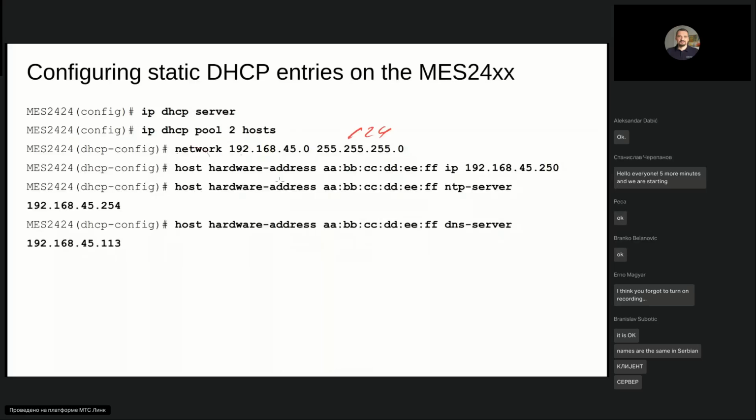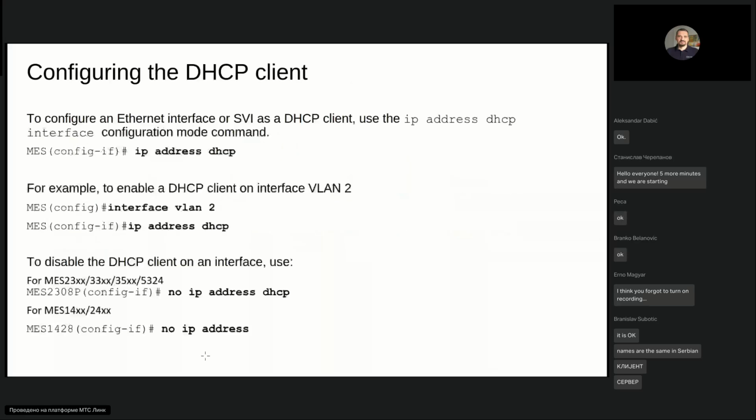And then use the command host hardware address and IP. So you just make the manual matching of the hardware address and different options like IP address or NTP server or DNS server, et cetera.